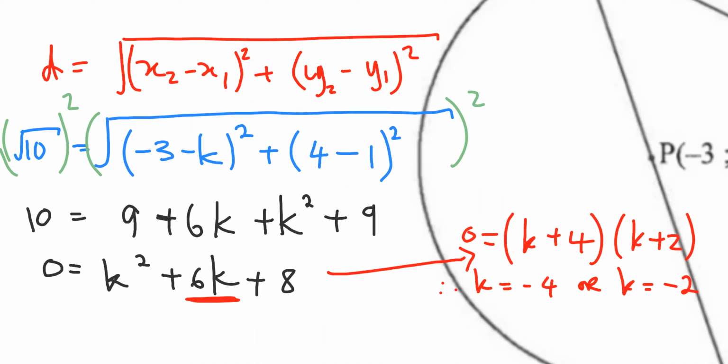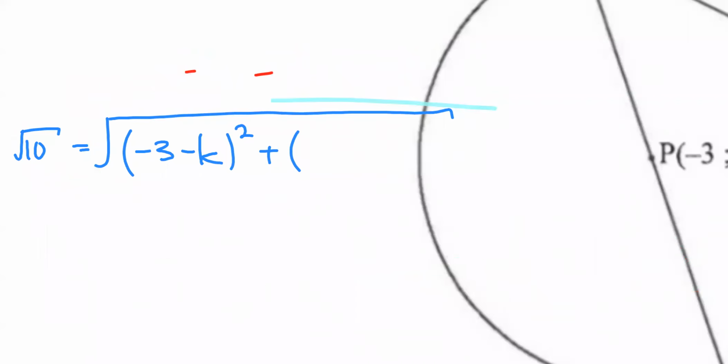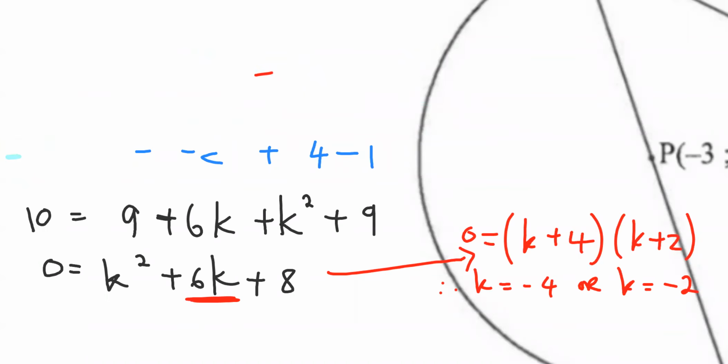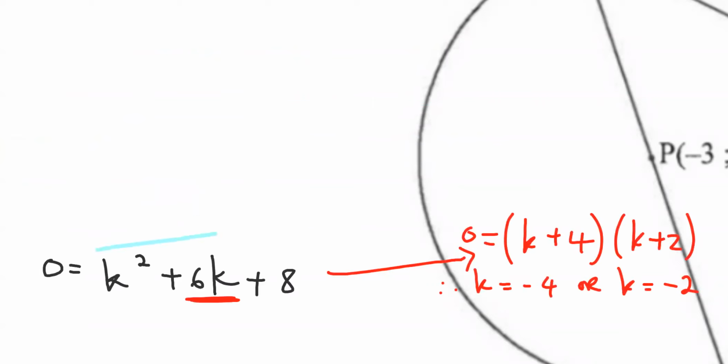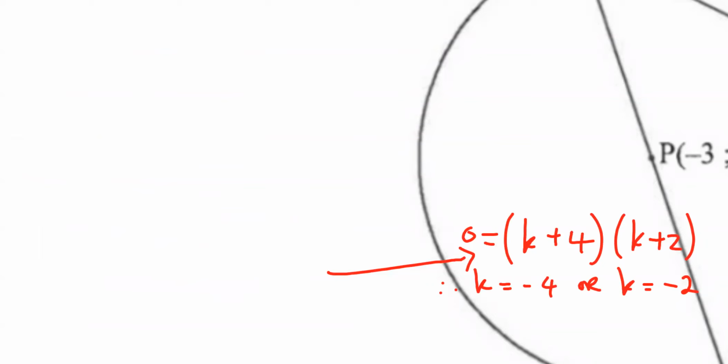Now let's keep in mind, they did tell us that V is to the right of P. P's x-coordinate is -3, and if it is to the right, then k would be -2, because to the left it would be -4. To the right it's -2. So this is how we can solve the value of k using the distance formula.